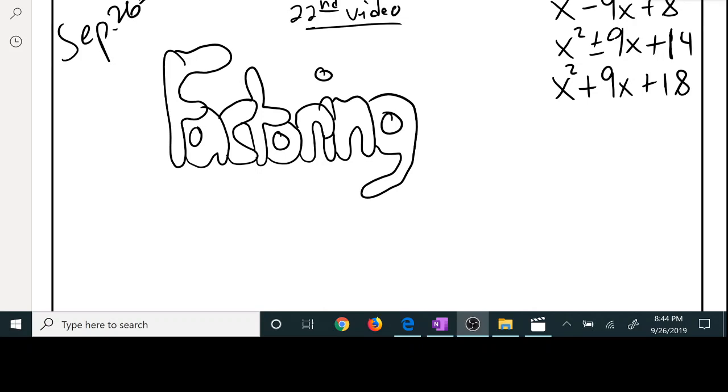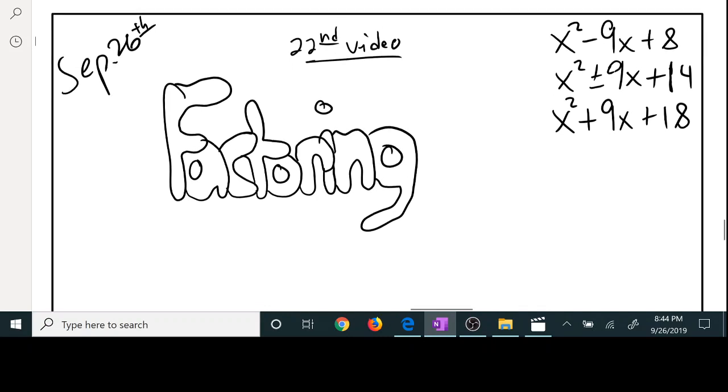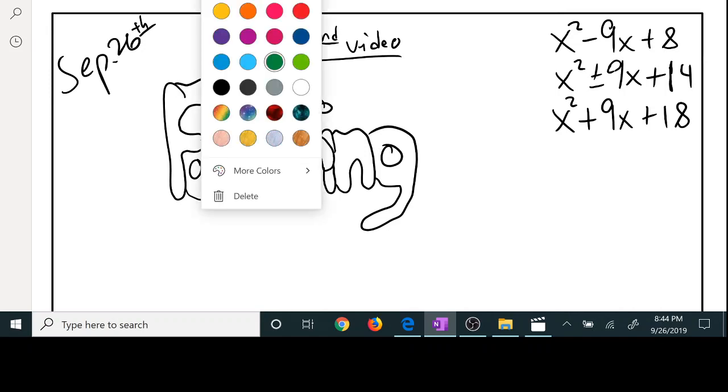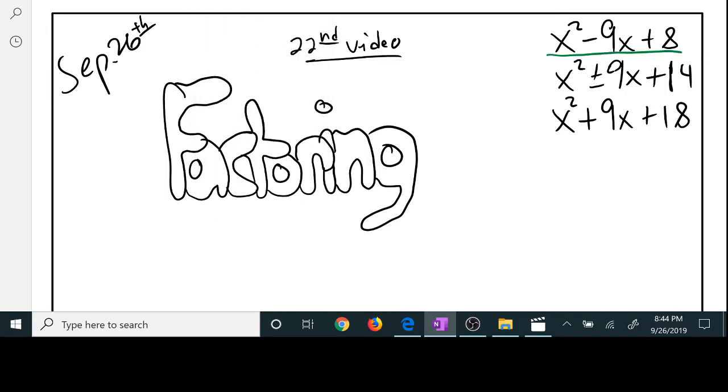So today we have, let me move this down a little bit, x squared minus 9x plus 8. We'll use a different color here. This is kind of a new thing that I haven't done recently, but I'm playing around with different things, as you can tell today.